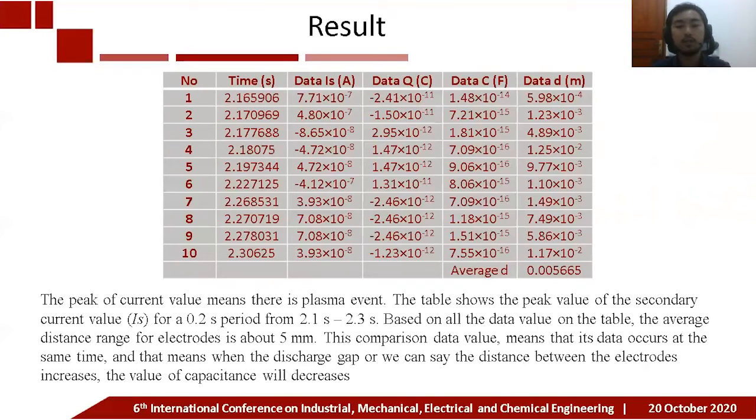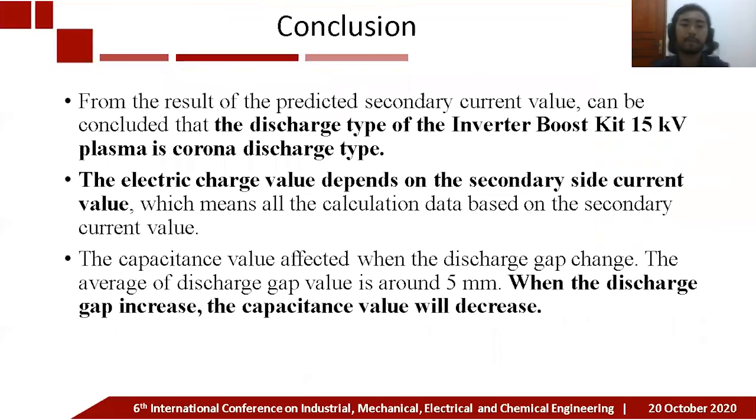Based on all the data values on the table, the average distance range for the electrodes is about 5 mm. This comparison of data values means that each data occurs at the same time. And that means when the discharge gap, or the distance between the electrodes, increases, the value of capacitance will decrease, as you see.